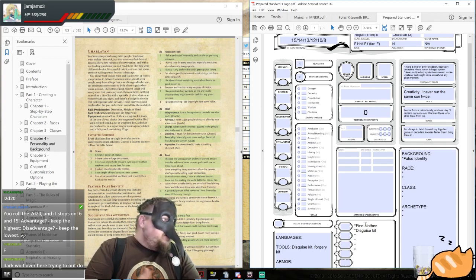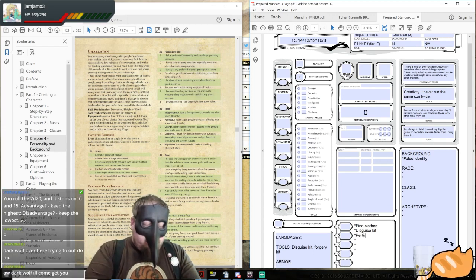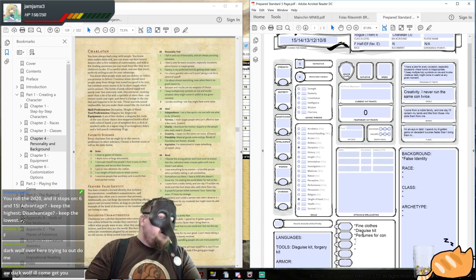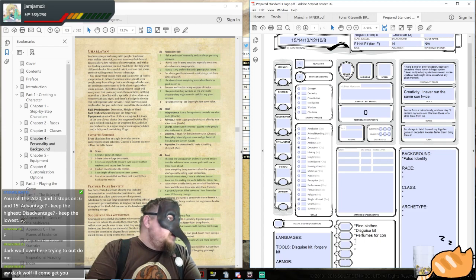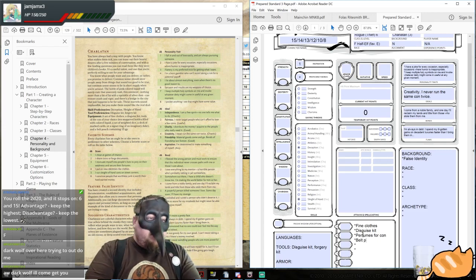She insinuates herself into people's lives to prey on their weaknesses and secure their fortunes. So that could be some kind of lover. Perfumes for her con. And a belt pouch, which has 15 gold.